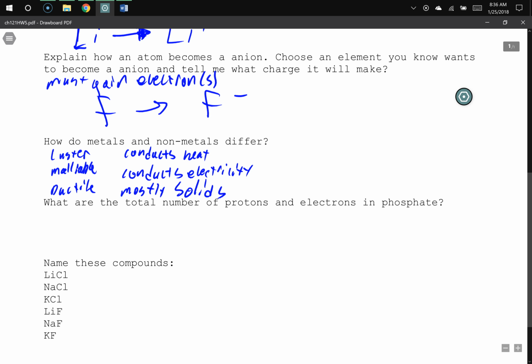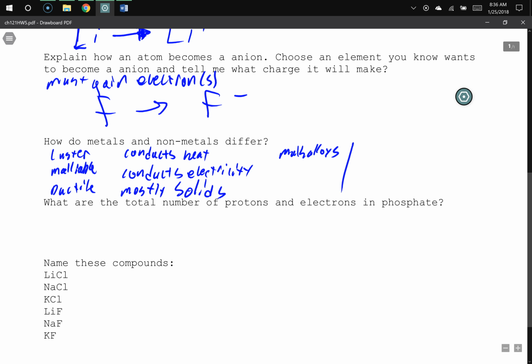Am I forgetting anything? Oh, make alloys. Anything else? Can't think of anything else off the top of my head.